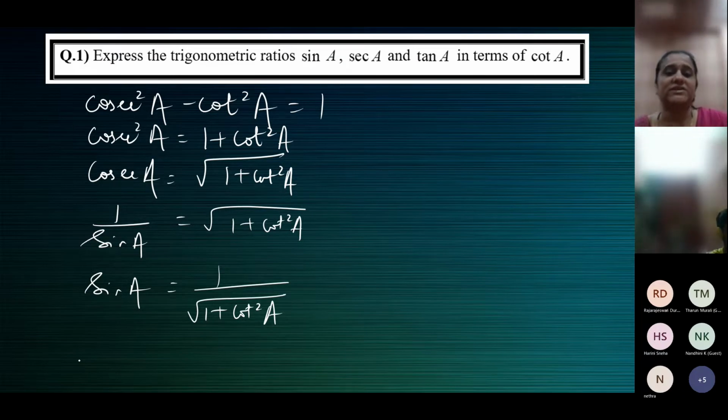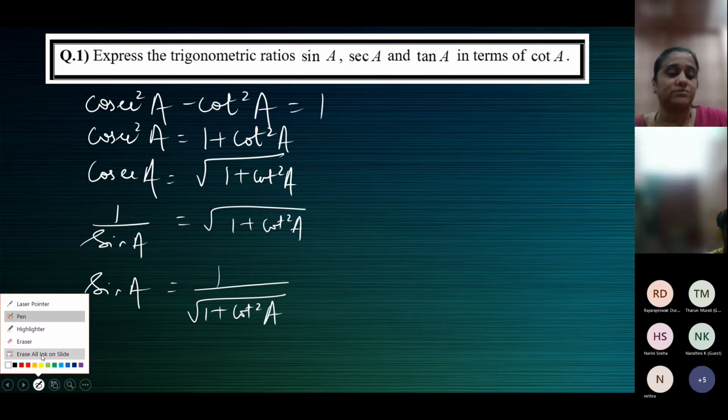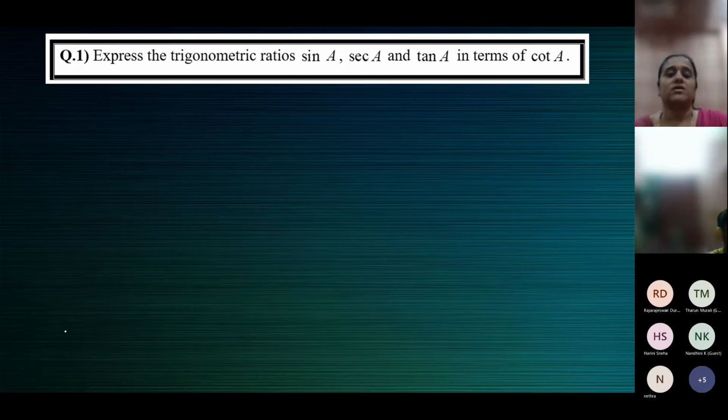Next, we have to write secant A in terms of cot A. You need to connect secant and cot. If not secant and cot, they're reciprocals.